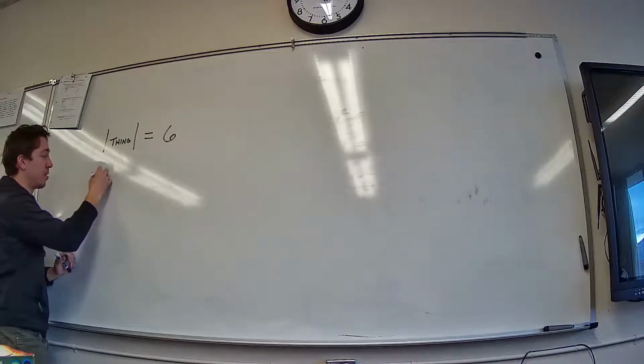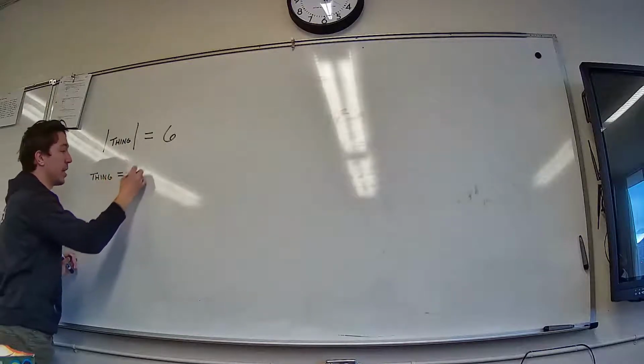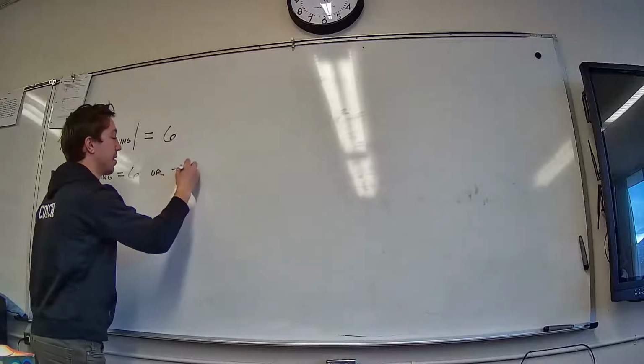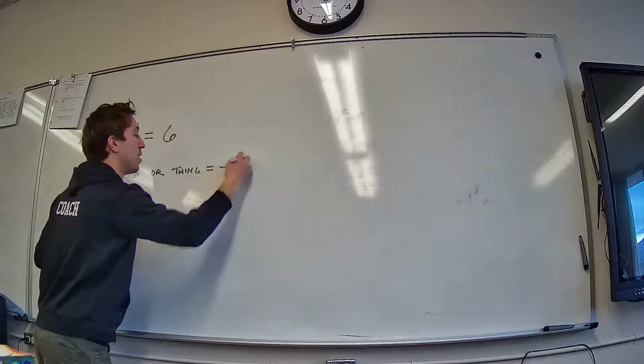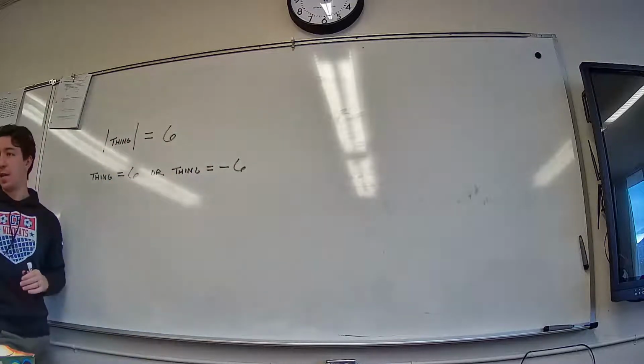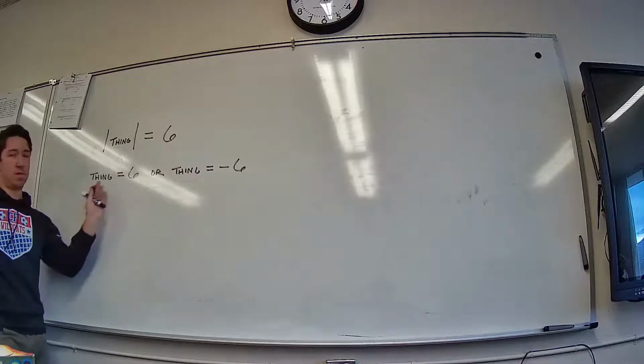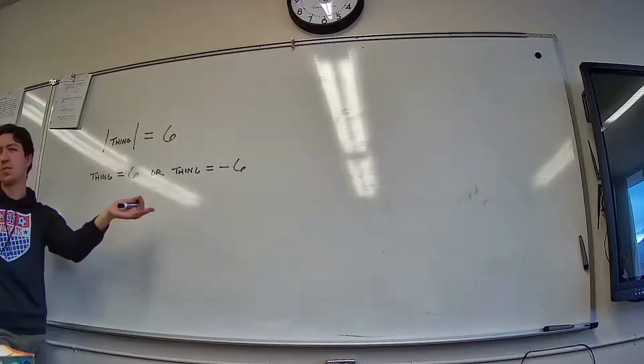Either that thing was 6, or that thing was -6. That's it in a nutshell right there. That's the main idea you have to understand.